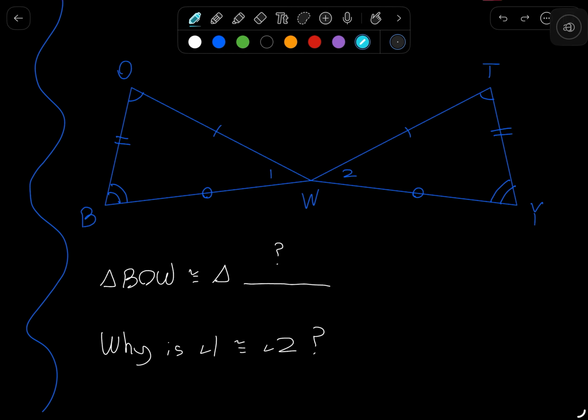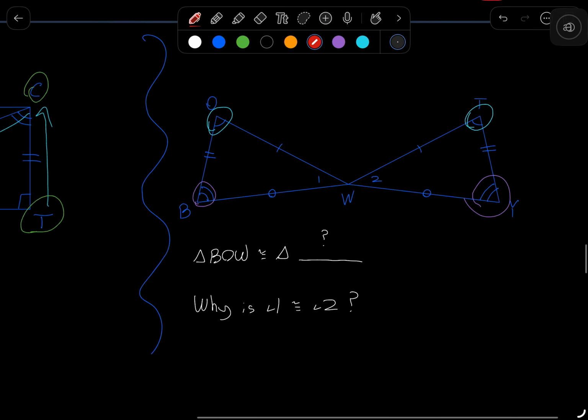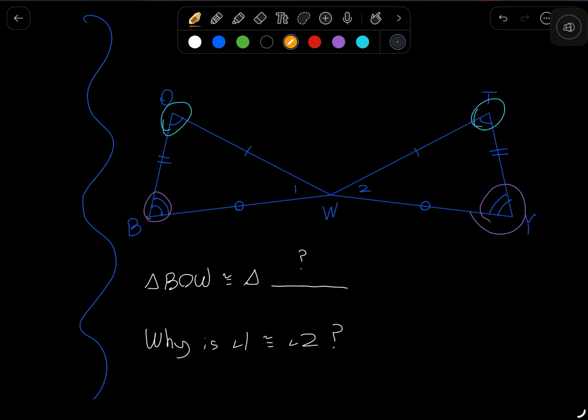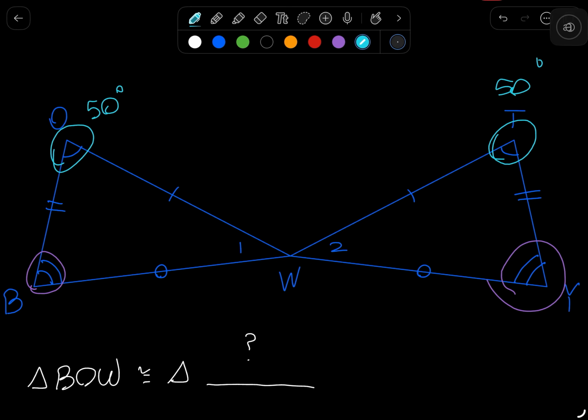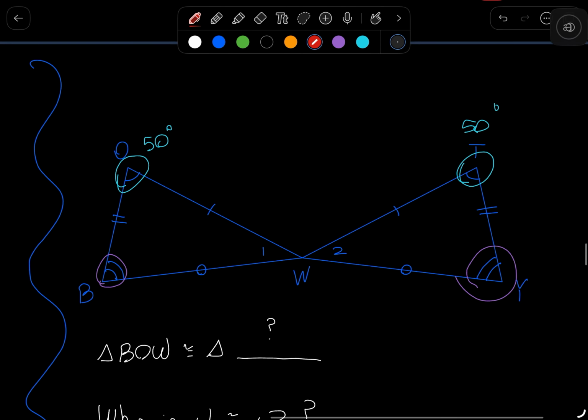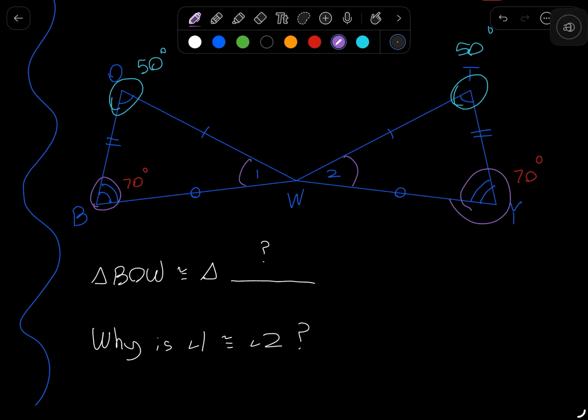But anyways, we know this angle is equal to this angle, and that this angle is equal to this angle. So let's just give numbers. Let's say that those blue angles were like 50 degrees. Those purple angles were like 40, or actually, let's say they're 70. So what can you conclude about angle 1 and 2?